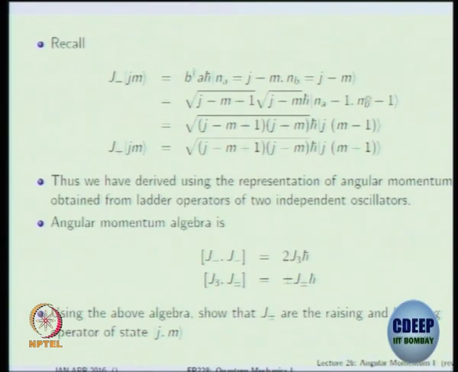Okay, so just to summarize, we have derived, using a representation of angular momentum obtained from two independent oscillators, and the main aim was to keep in mind the angular momentum algebra generated out of them.